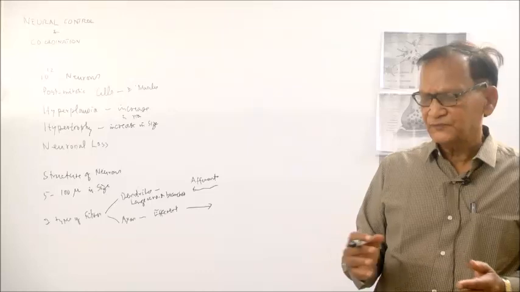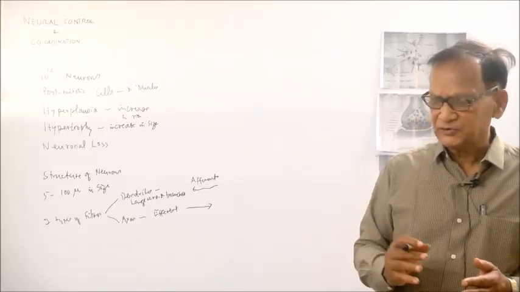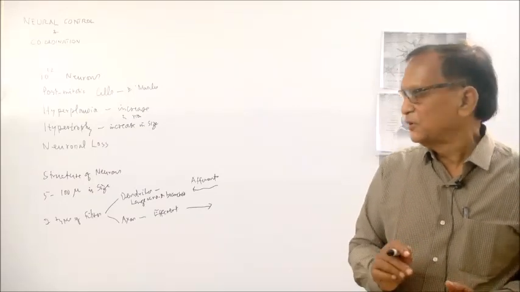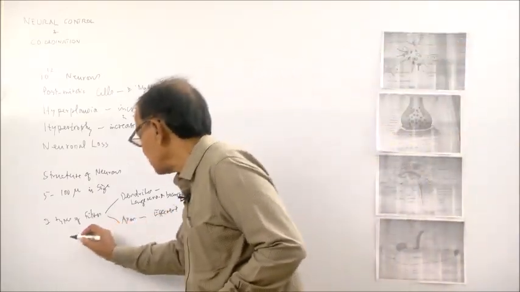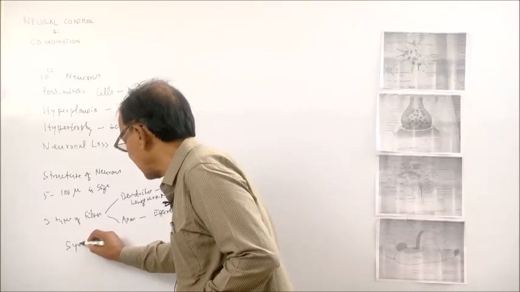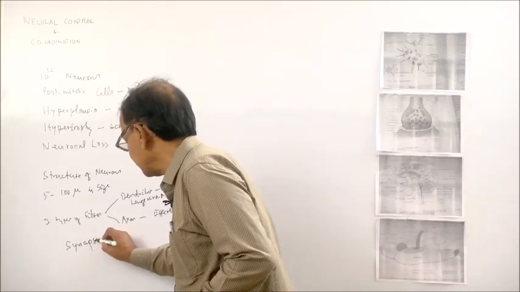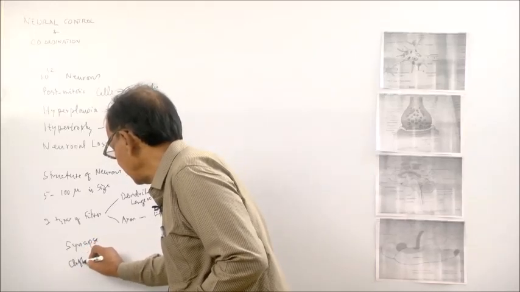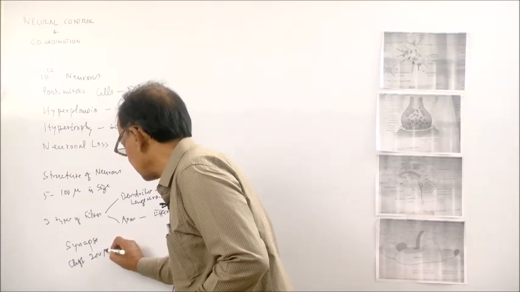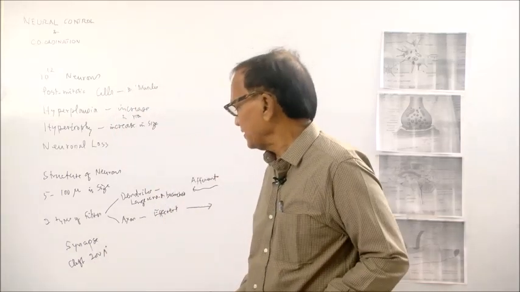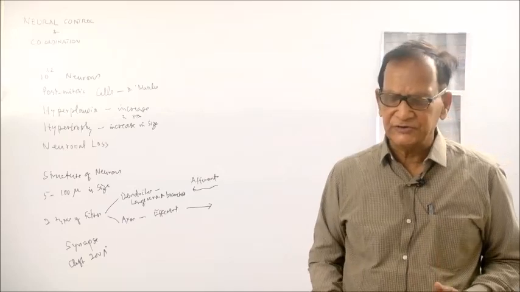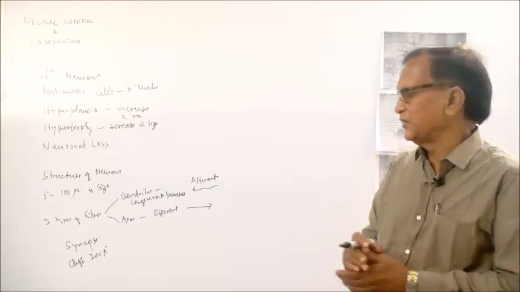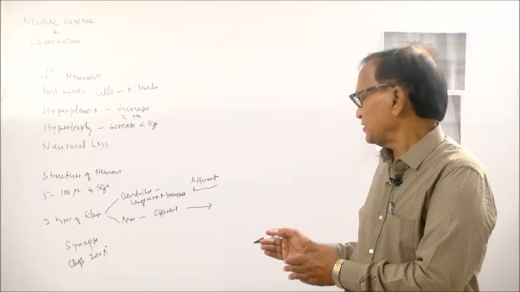So, such a kind of synaptic connection, actually there is no connection, there is a synaptic gap of about 200 angstroms. That point, where they come together, is called a synapse, and there is a synaptic cleft of about 200 angstroms, where information is exchanged from the axon of one neuron to the dendrite of another neuron.